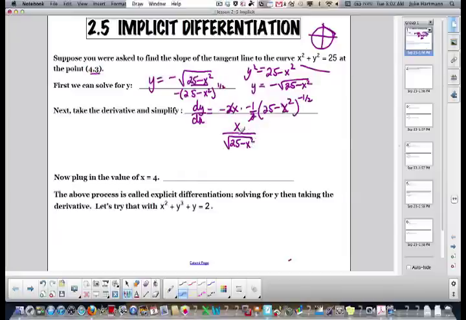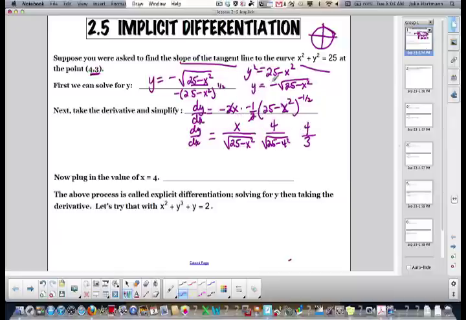Now, that's your derivative. Specifically, for the slope of the tangent line at the point (4, 3), we plug in x is 4, and 25 minus 4 squared, that's 16, that's 9, square root of 9 is 3. So that gives you 4/3, and I need to go back.